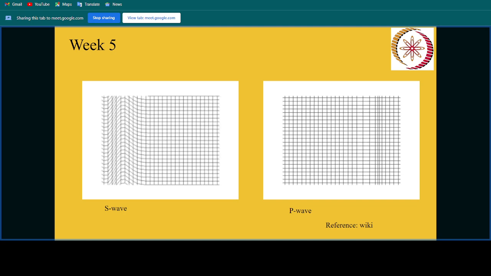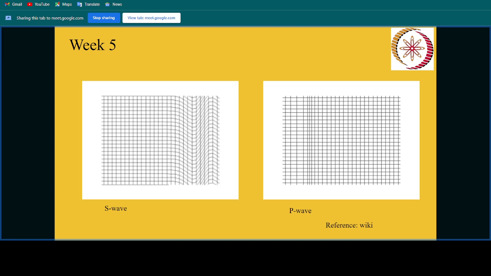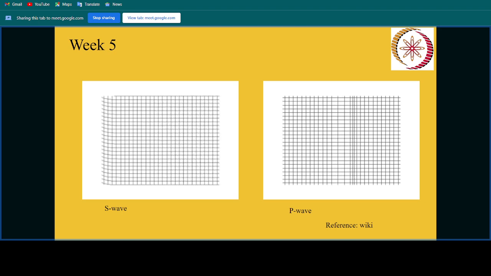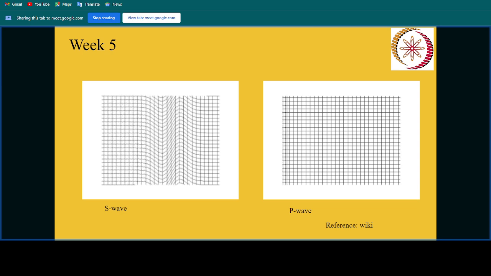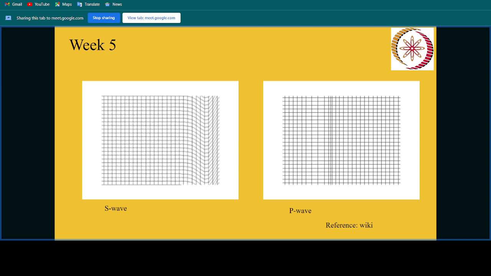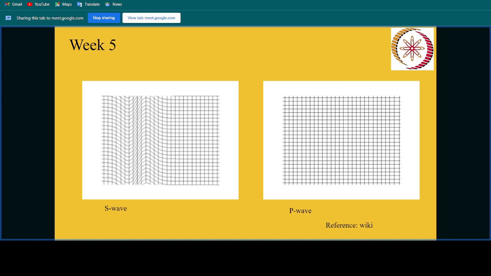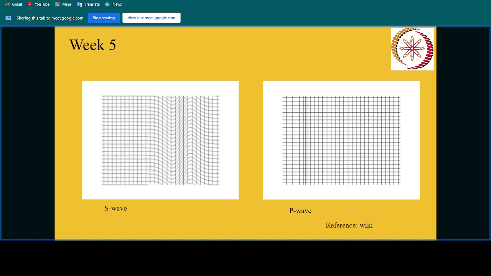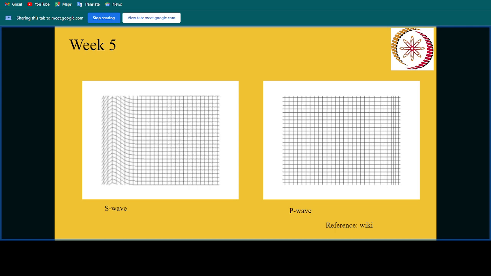And it is like shaking the medium perpendicular to which it is moving. So this is a P wave and S wave, and what is the difference between them?